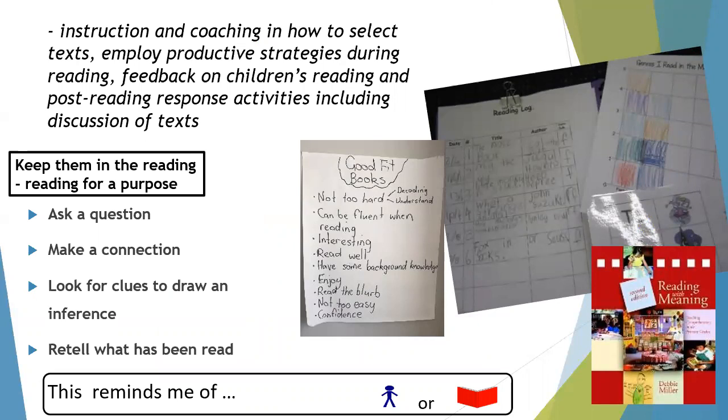Instruction and coaching in how to select texts and employ productive strategies during reading, feedback on children's reading and post-reading response activities are all really important. It's a great idea to ask children to read something and then record what they think, what they wonder after reading a book.